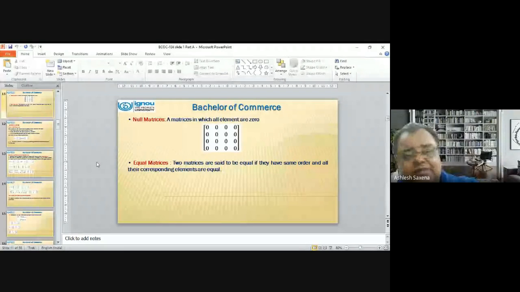Then comes your equal matrix. It's very simple: two things can be equal only when everything is the same in both of them.